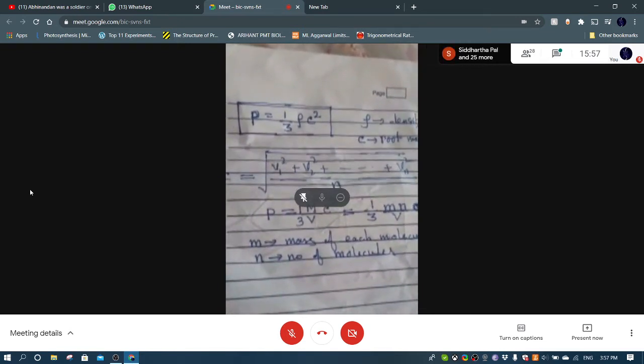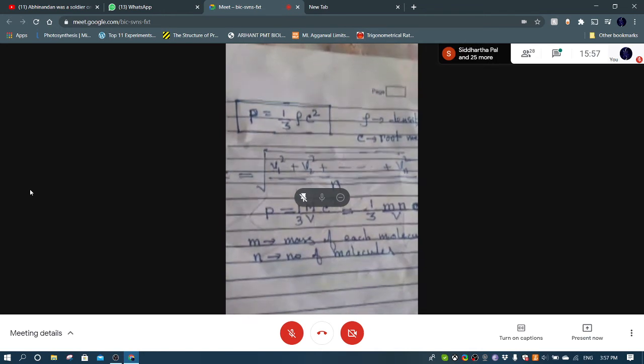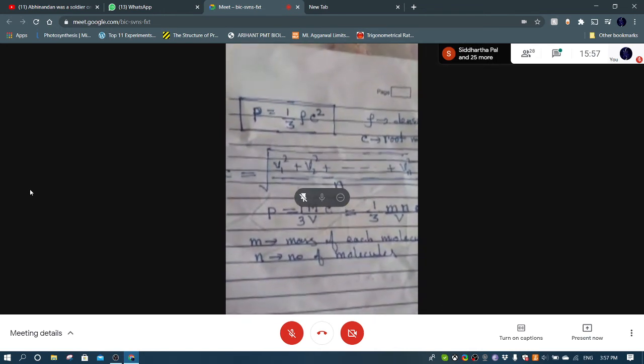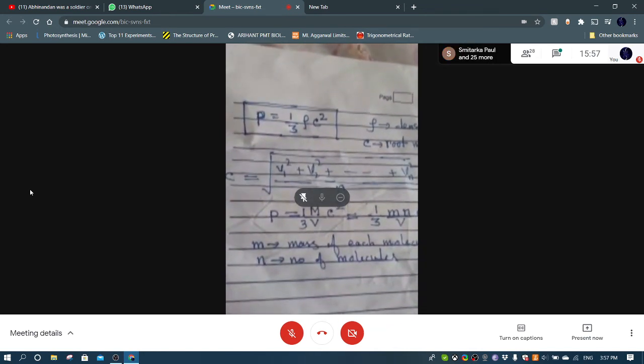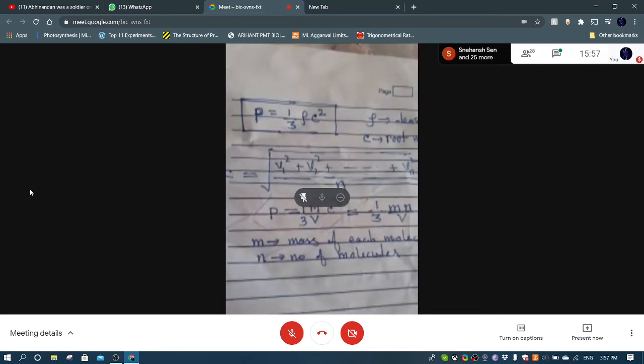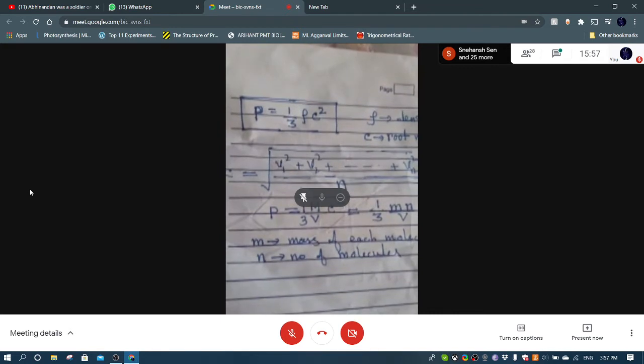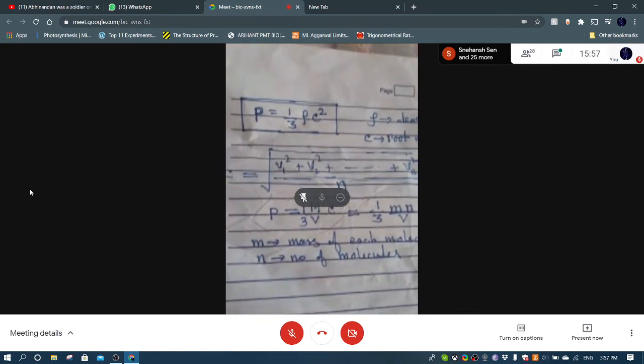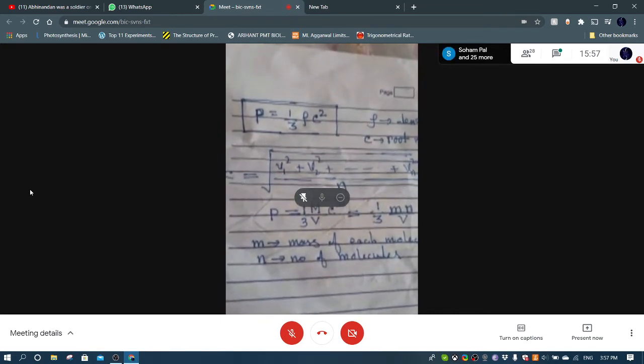Yes or no? Is it okay? M into n will be what? The total mass of the gas. Any doubt? Tell me.